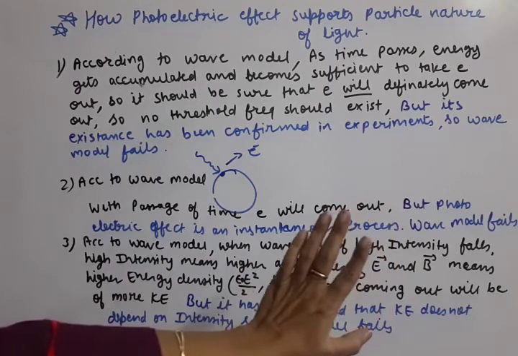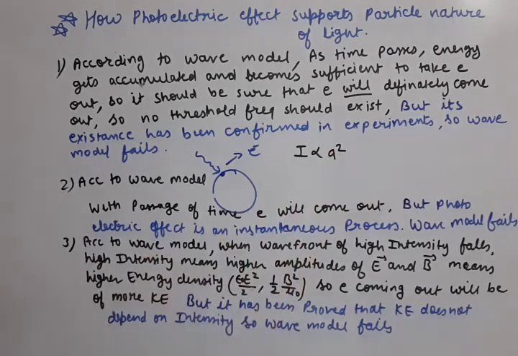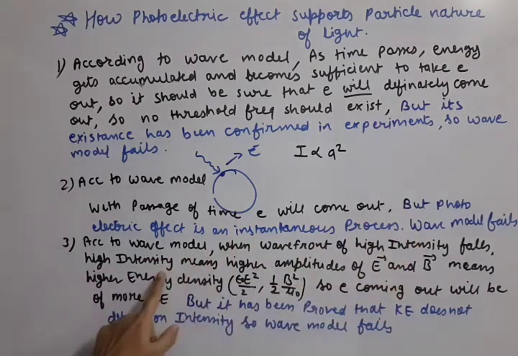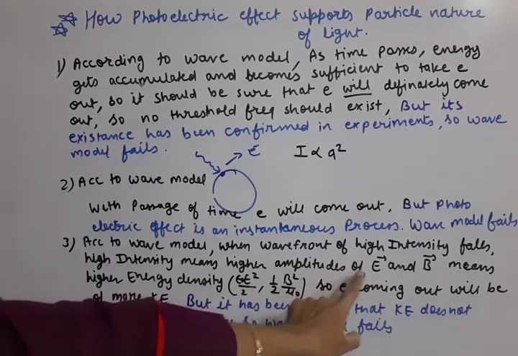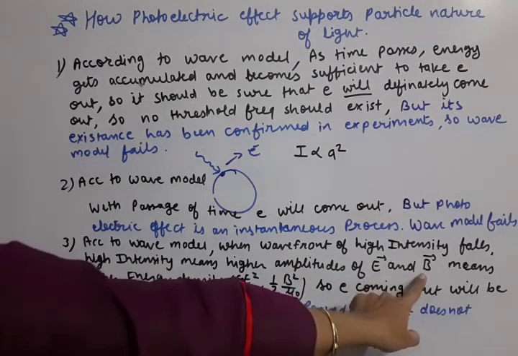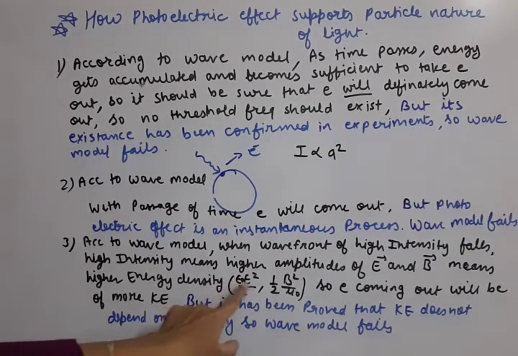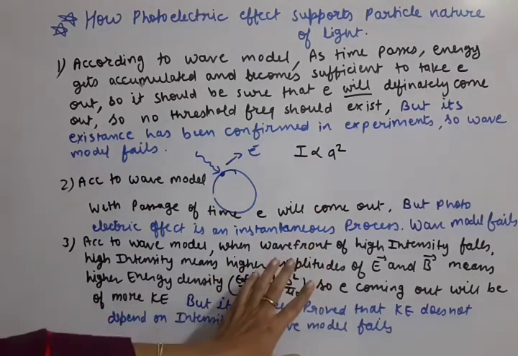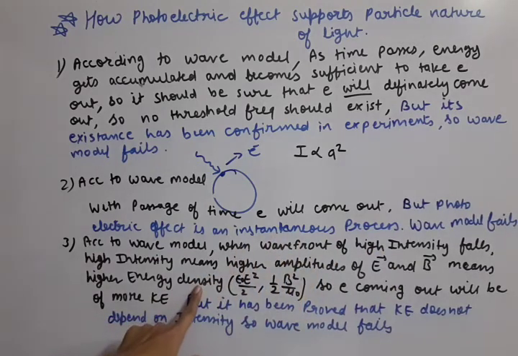In wave optics we have studied that intensity is proportional to amplitude squared. So high intensity means higher amplitudes of the E vector and B vector, the electric and magnetic fields. It means energy density is also high. The energy density formula is half epsilon 0 E square plus half B square upon mu 0. So the wave model says high intensity means high amplitude means high energy density.